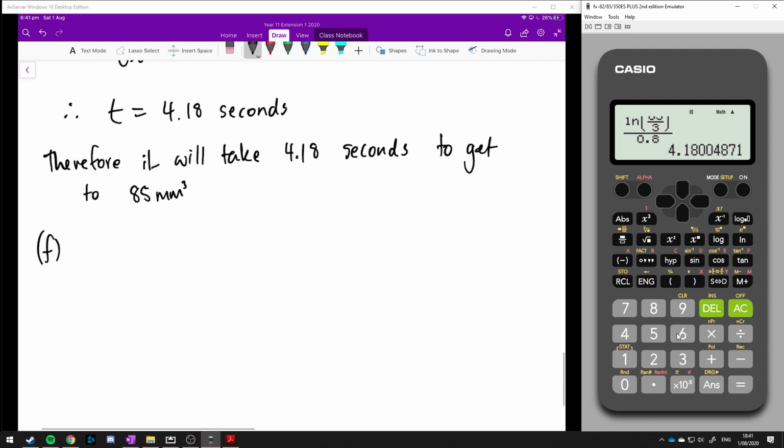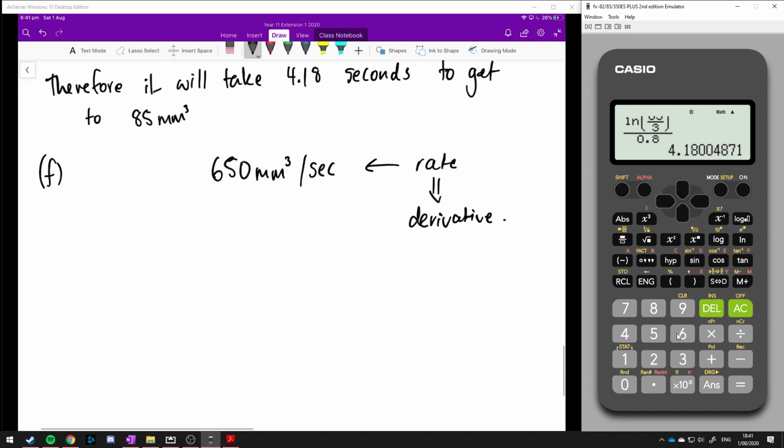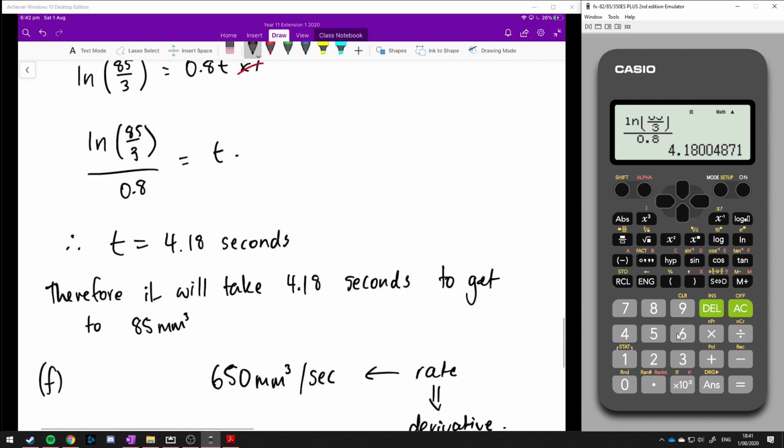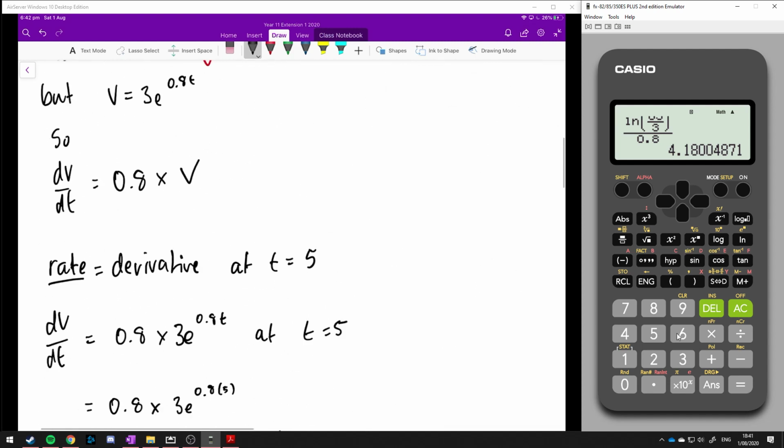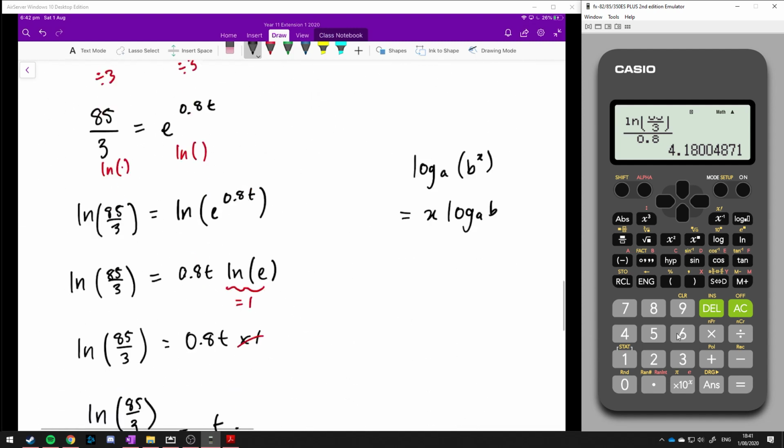Let's go to part F now. Part F says, when is the balloon increasing by 650 millimeters cubed per second? So 650 millimeters cubed per second is a rate, and that means we want something to do with the derivative. So dV/dt is equal to, now our derivative back up here was 0.8 times the function.